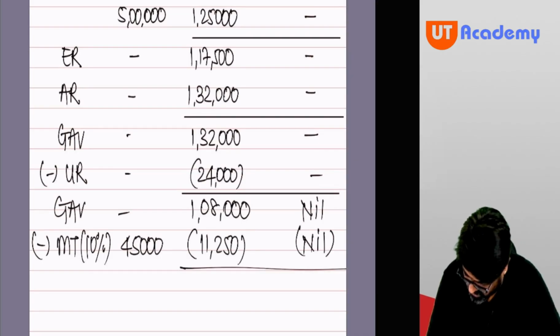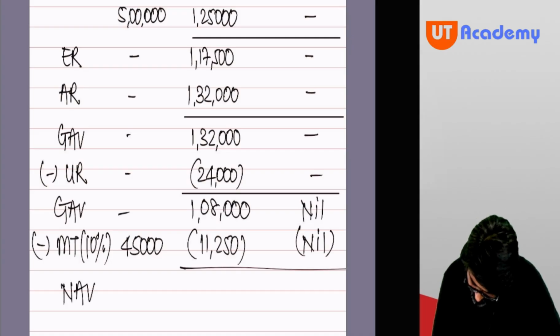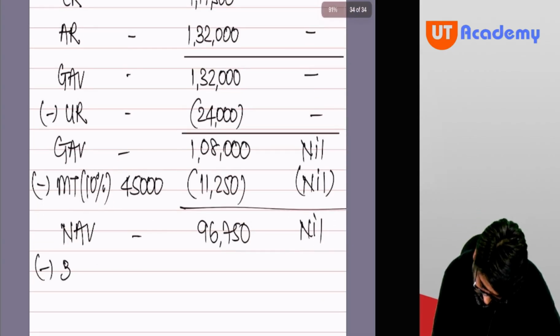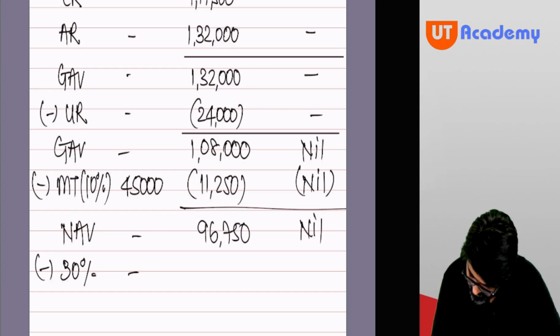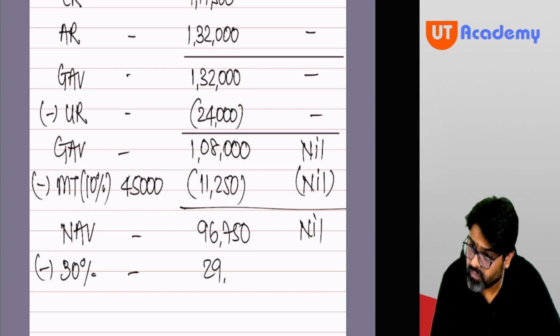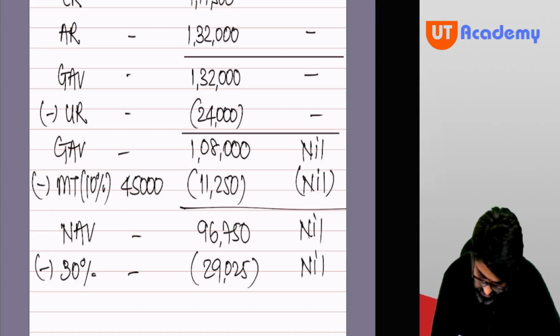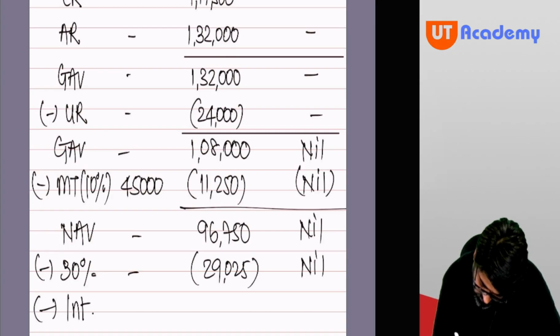Done, sir? So the final NAV will be 96,750 and here it is nil. Minus 30% standard deduction. Here it is nil. Interest they have given, or I have to calculate?